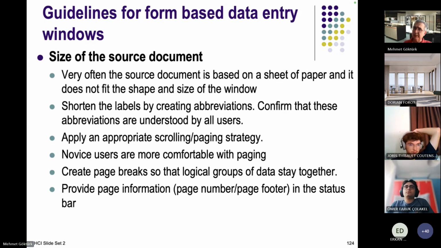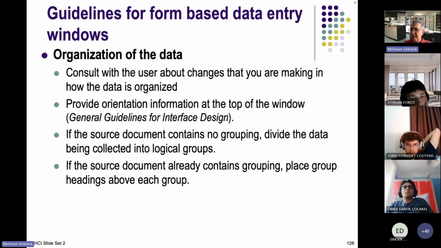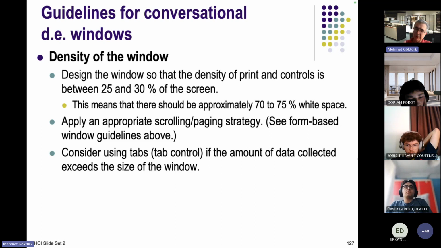If there is a paper form, try to make it look like the paper form. We have said that. Okay, this is important. Design a window so that the density of the print and controls is between 20% and 30% of the screen.